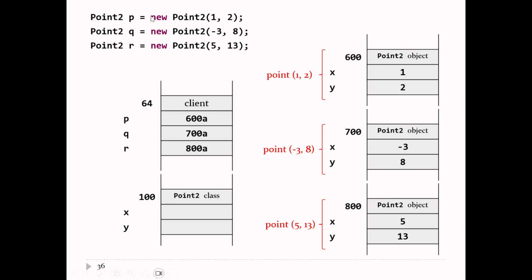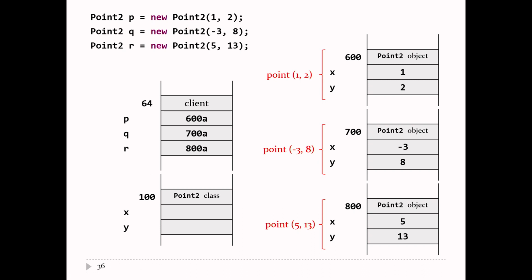So when you use a class for the first time, if this is the first use of Point2 in my program, the Java virtual machine loads the class into memory. So your Point2 class shows up somewhere in memory. And you'll see shortly that inside the Point2 class, there's a variable x and a variable y. X is the x coordinate of the point, y is the y coordinate of the point.